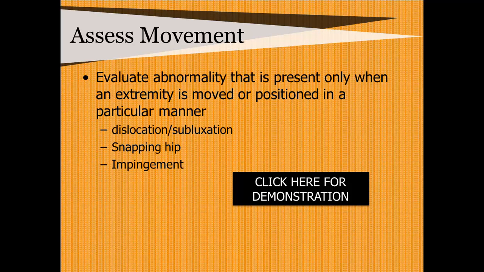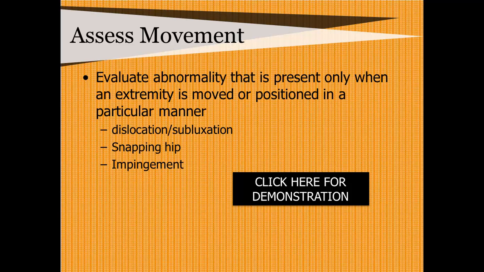Right, so now you can also assess movement dynamically. You want to evaluate an abnormality that is present only when an extremity is moved or positioned in a particular manner. So it hurts when I do this, or move your arm this way or that way. You can reproduce that movement, and you can actually record it on the machine as well for the radiologist.